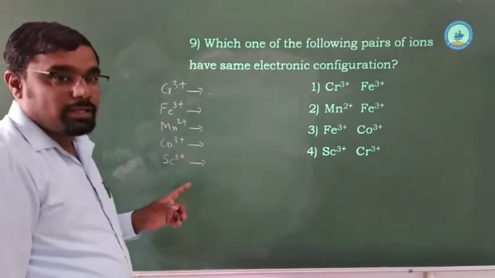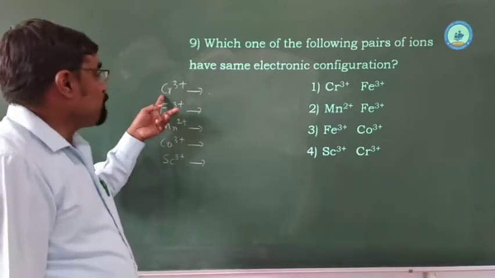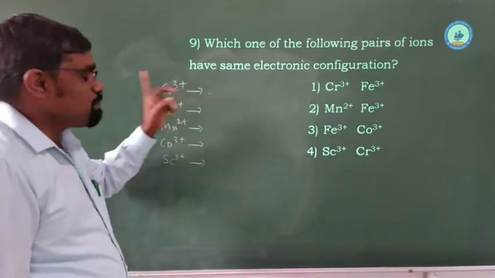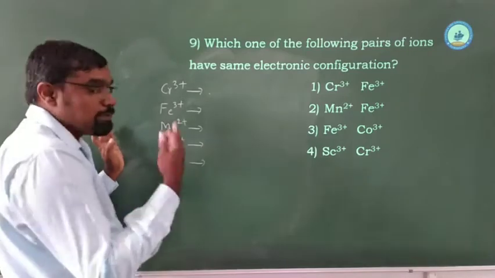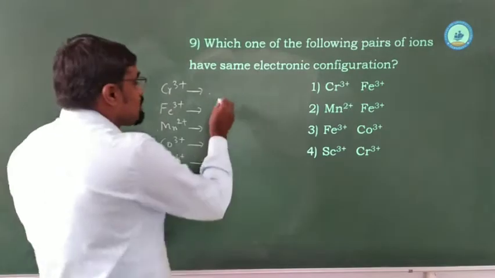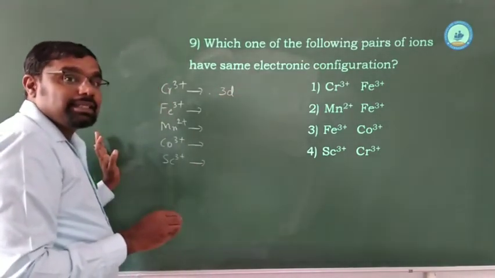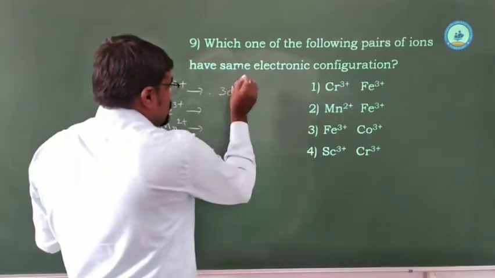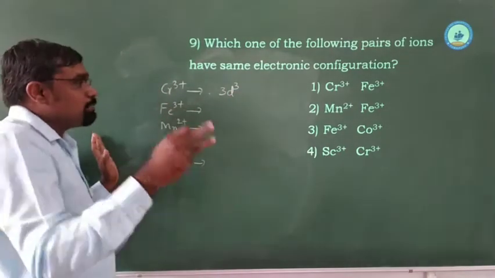Chromium 3 plus. The atomic number is 24. Now 3 plus means 3 electrons have to be removed, 1 electron from the s and 2 electrons from the d orbital. So in the d orbital how many electrons are there? 3d3.